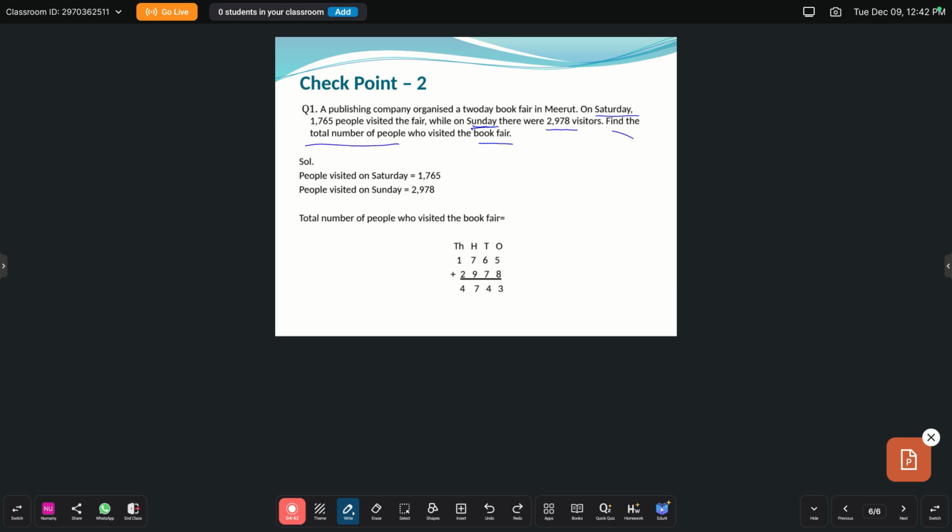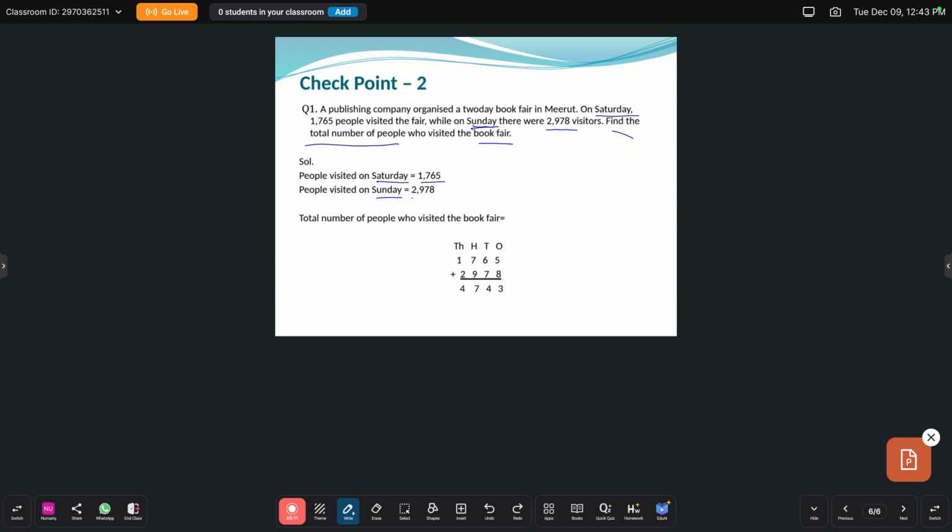So let us write it like this. People visited on Saturday: what was the number? It was 1,765. People visited on Sunday: what was the number? 2,978.